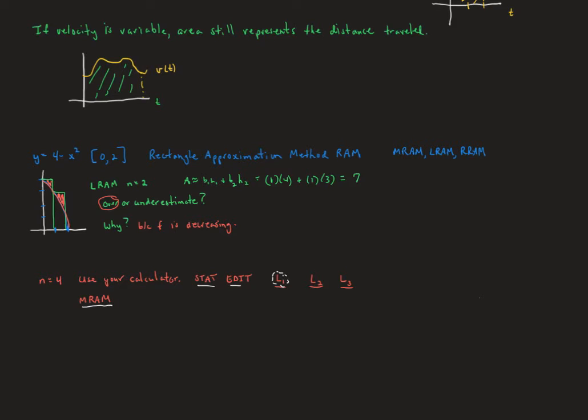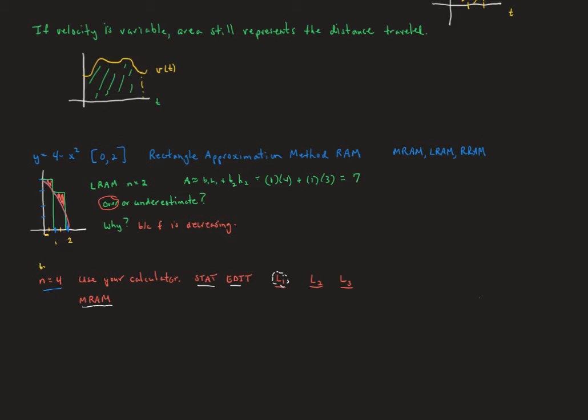Now we're going to do midpoints, and we're going to divide this into four evenly spaced rectangles. Since this is 2 right here, we're going to subdivide these like so. Each of these rectangles is going to have a width of 0.5. That's 2 minus 0 divided by 4.